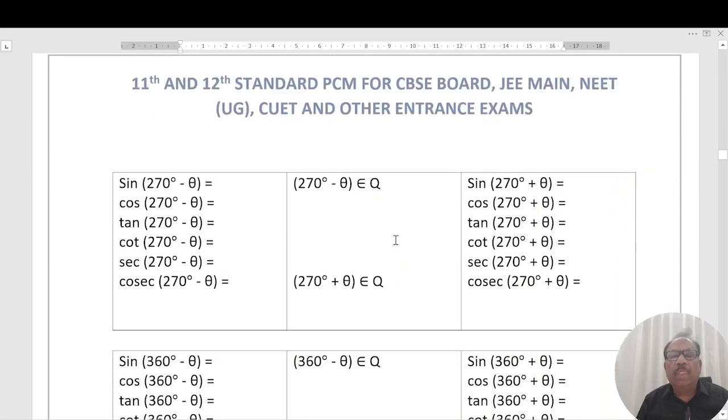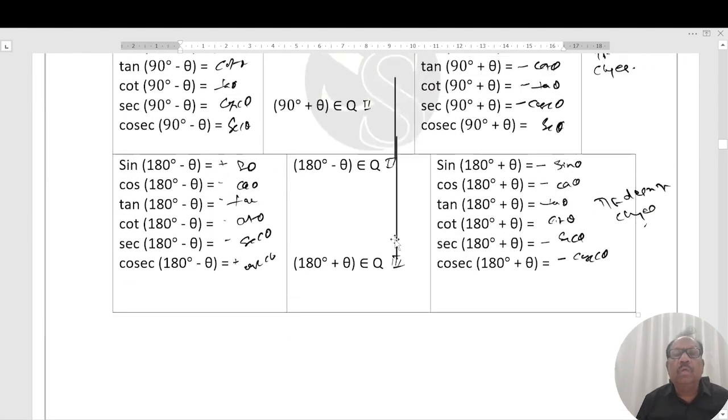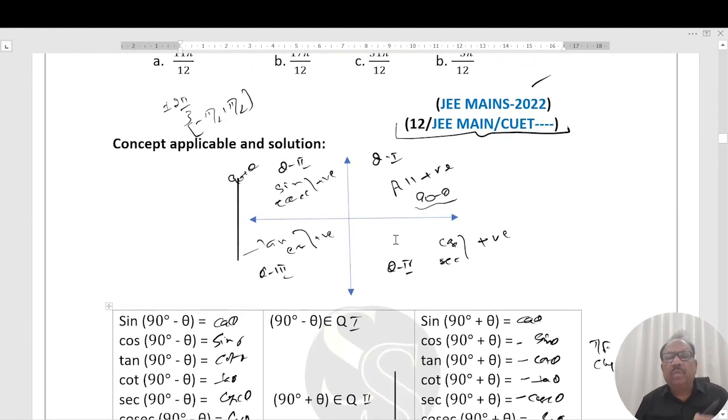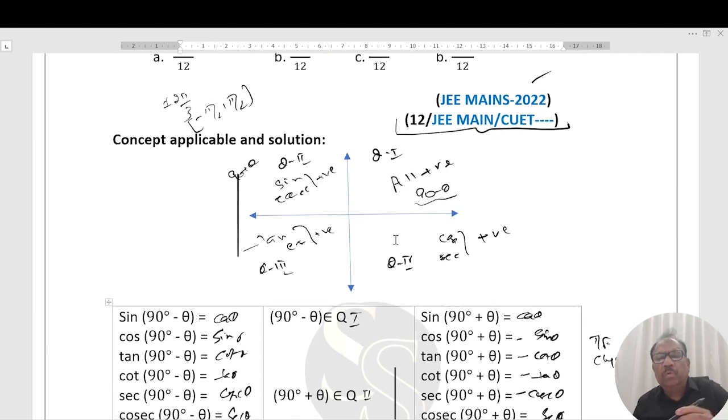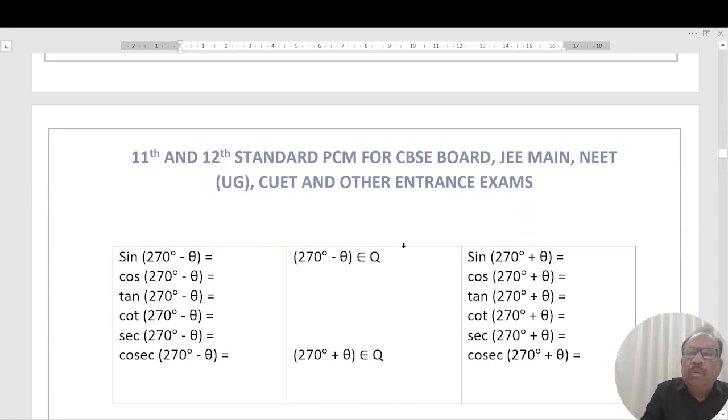Next. 270 minus theta belongs to which quadrant? 270 minus theta, 90, 180, 270. 270 belongs to quadrant third. Quadrant third.